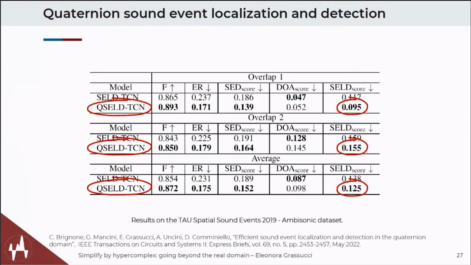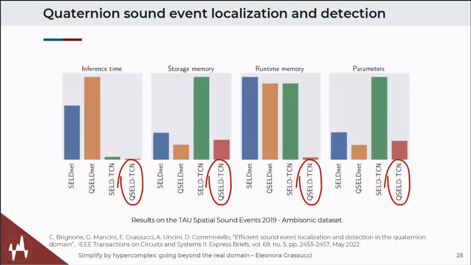So basically, we test this approach in a sound event localization and detection task, and we see that our approach with the quaternion sound event localization and detection model outperforms the baseline real-valued network on the TAU spatial sound event ambisonic dataset. What's more, we test some scores on the computational complexity, storage memory, runtime memory and so on.